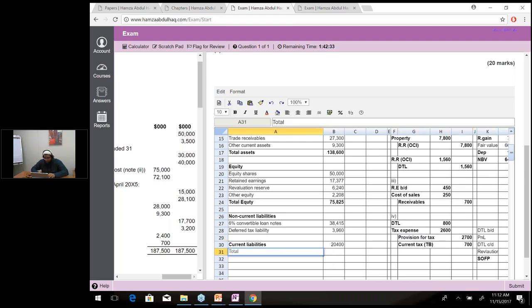So now I'm going to get total equity and liabilities, which is going to be the sum of these values. And we have got 138,600 on the credit and the debit both. So we have actually balanced our first question relating to the final accounts.